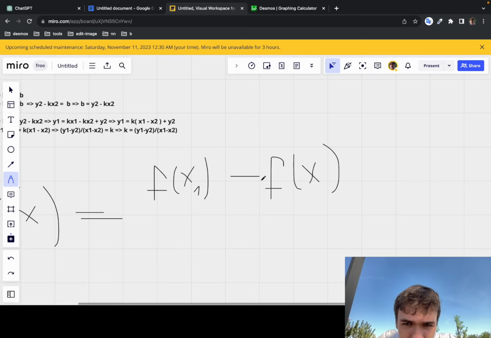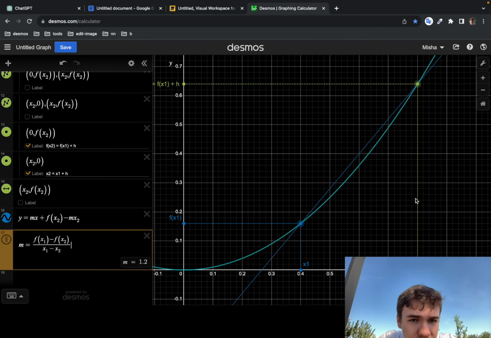I did the same thing, right? x2 and x1. So this actually is our rise, the distance between this and this. So this is our rise, which is here, but we find it like this.